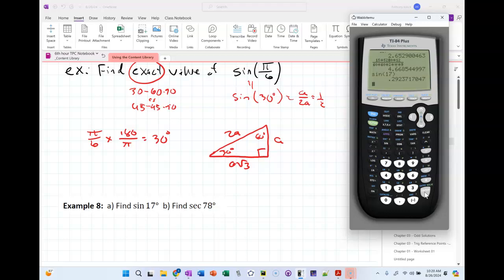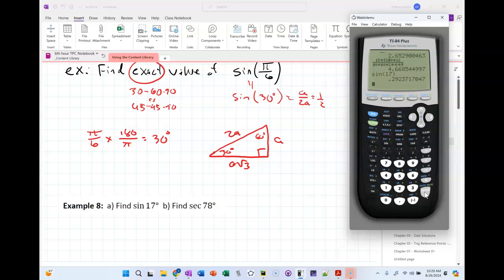What if I wanted to do secant of 78? There's no secant button on my calculator, Mr. Kulik. How am I supposed to do that? Okay, true, there is no secant button on your calculator, but secant is related to which of the other three trig functions?